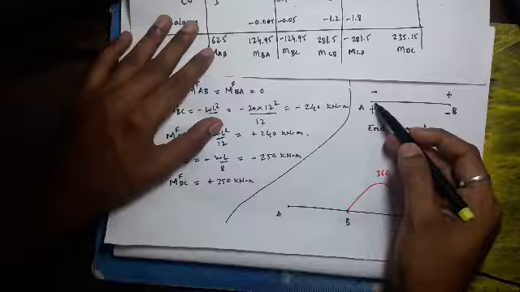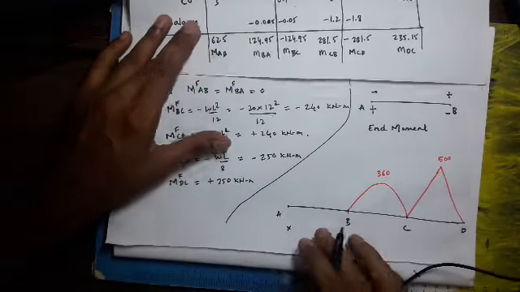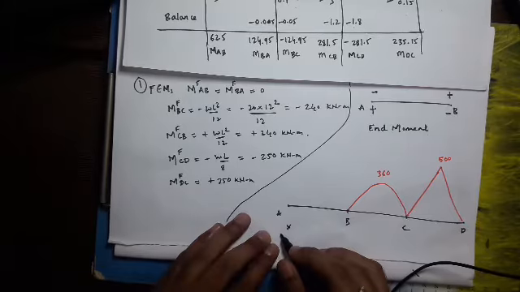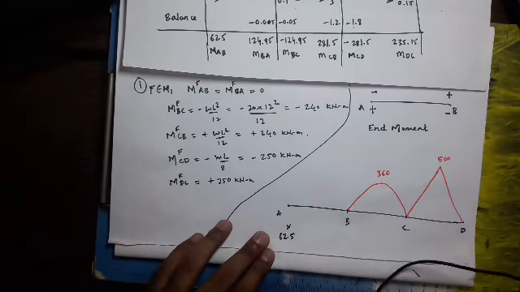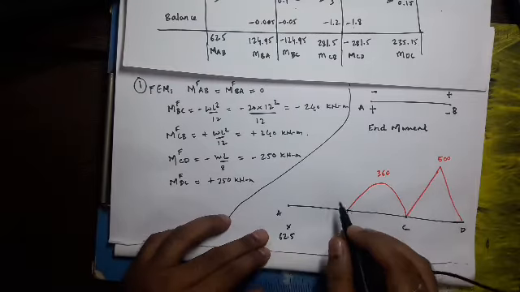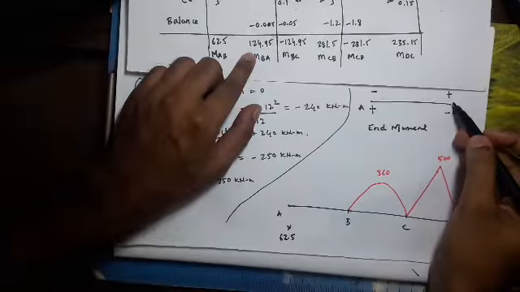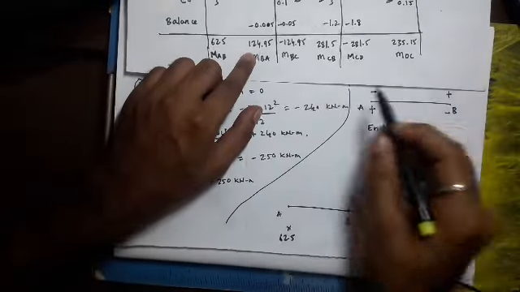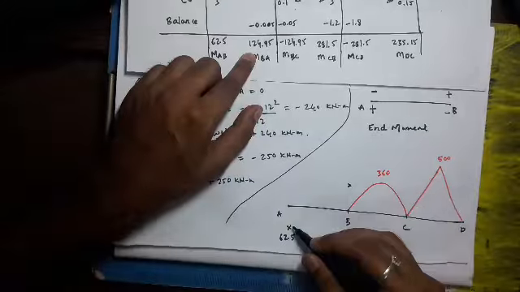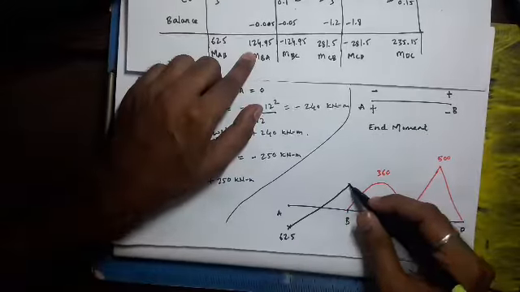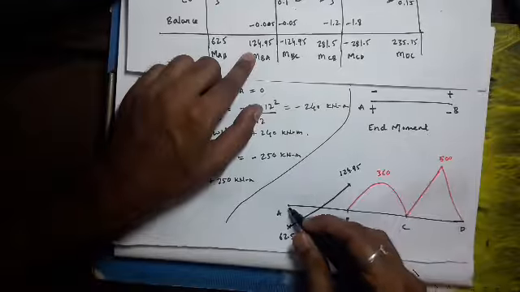At left, positive moment will be below the datum. So 62.5 kilonewton meter will be below the datum. MBA at right is positive. Positive will be above the datum, so it will be here. This is 124.95.